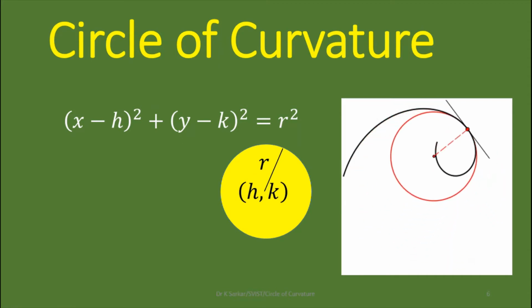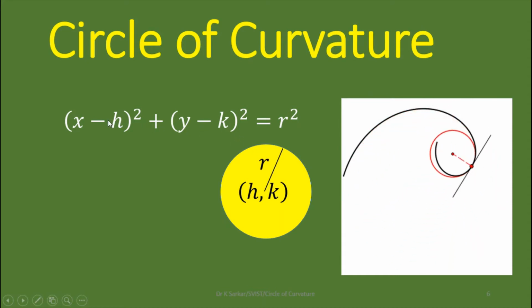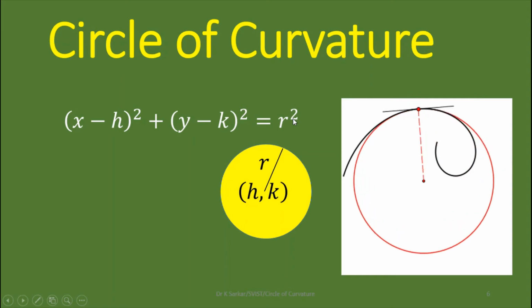If you know the center of a circle as (h, k) and the radius as r, then you can find the equation of the circle as (x minus h) whole square plus (y minus k) whole square equals r square.